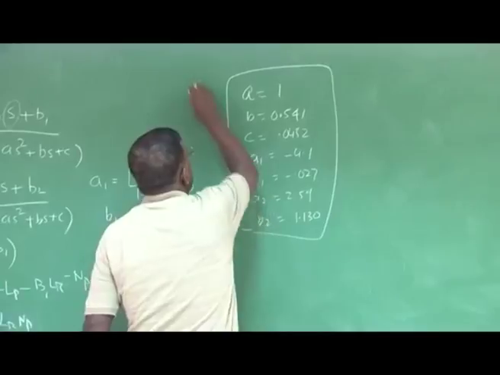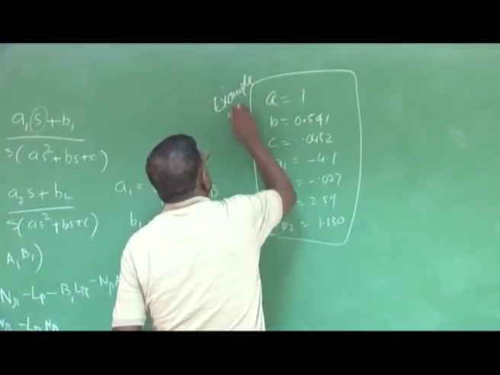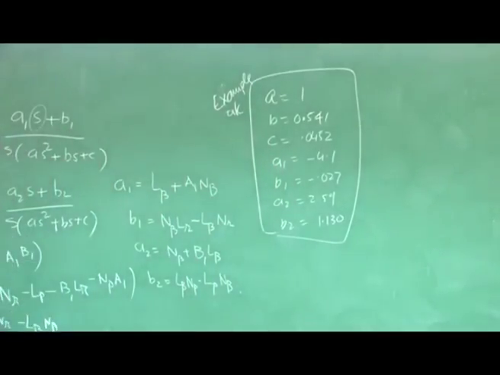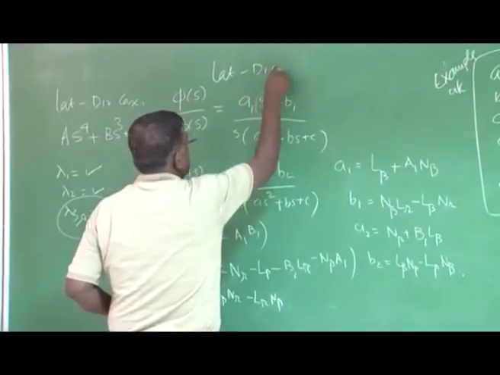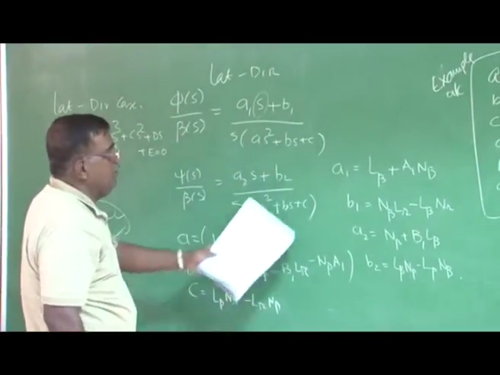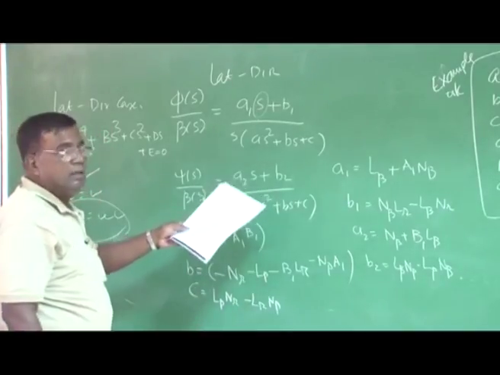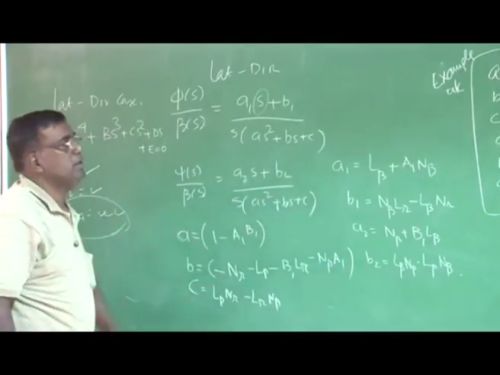For an example airplane or aircraft, we are talking about the lateral directional case. That is important, right? Because these values and expressions of A1, B1, A2, B2, etc., whatever I have computed here pertain to the lateral directional case, the expressions are like this.